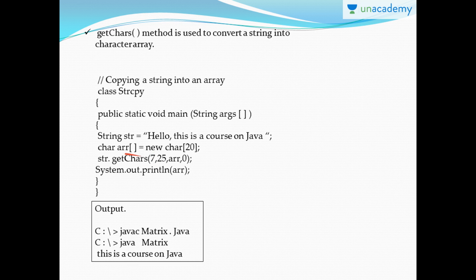In this str we have "Hello, this is a course on Java", and from position 7 to 25 it has to get from this and store it in this array. So counting 1 2 3 4 5 6 and 7, the 7th position will be this, and till 25 it is till Java. So once you print it, you get an output as "this is a course on Java." This is where we are discussing about getting characters.